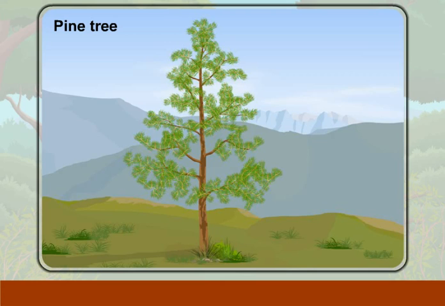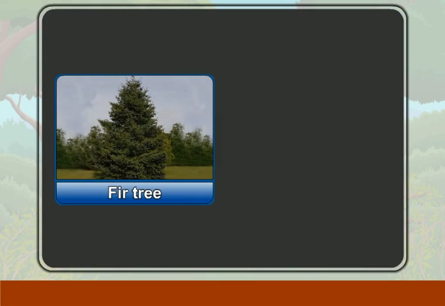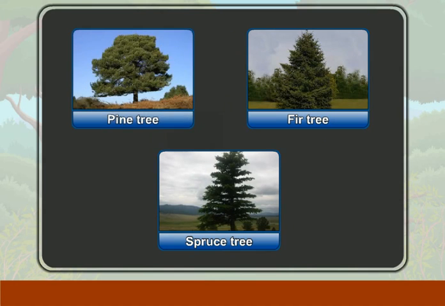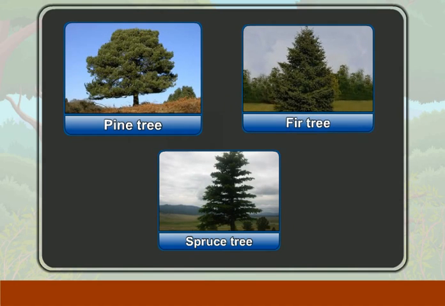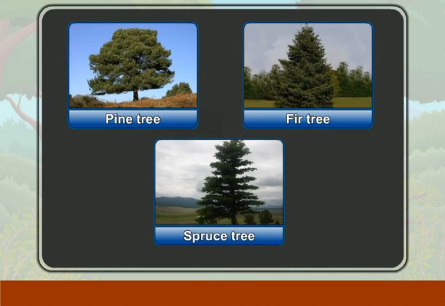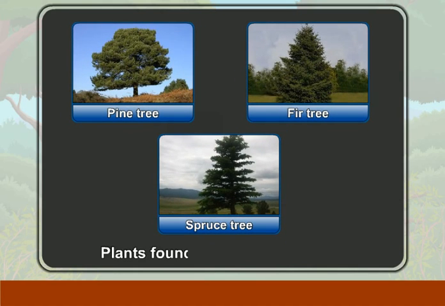Like a pine tree, a fir tree and a spruce tree are also found in high altitudes. So, trees like a pine tree, a fir tree, and a spruce tree are the plants found in the high altitudes.